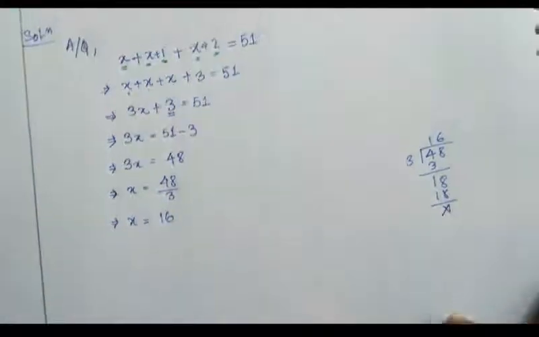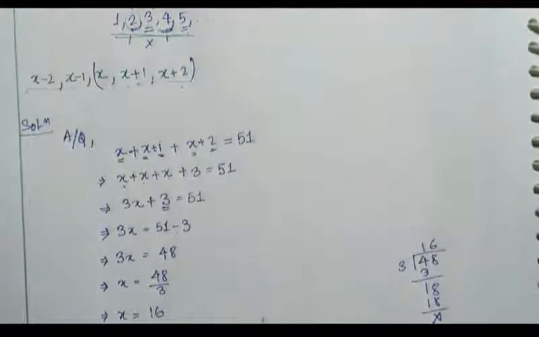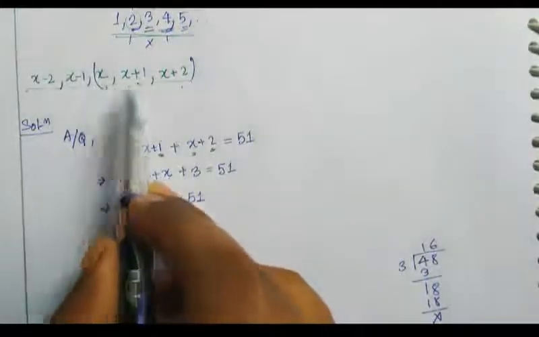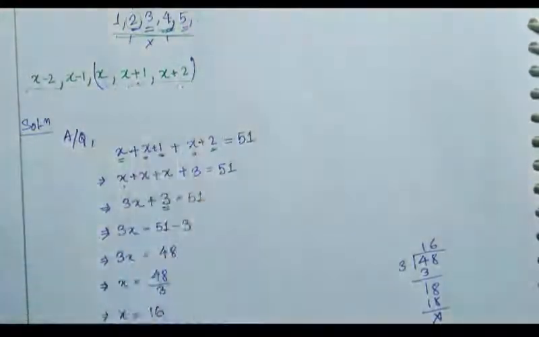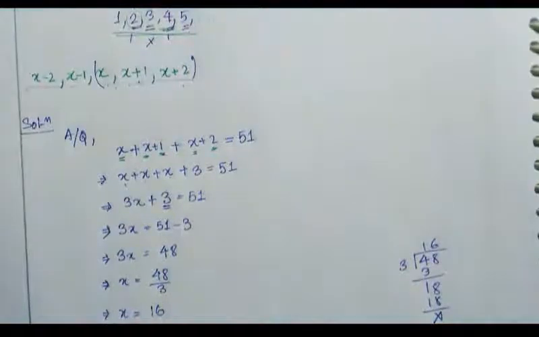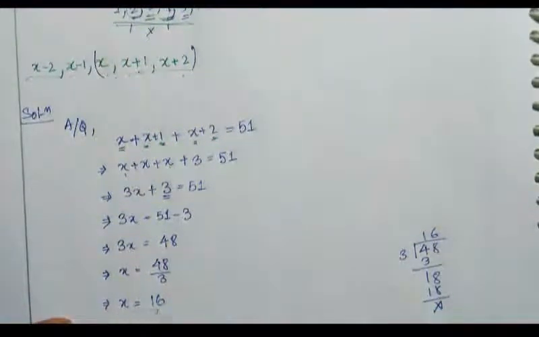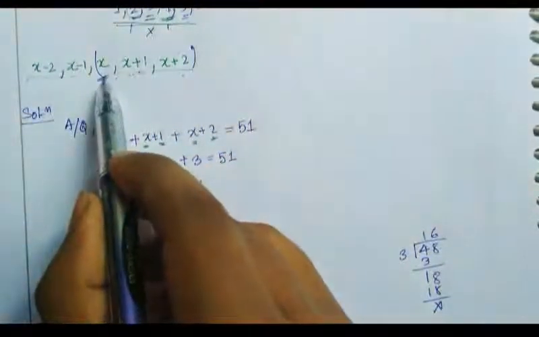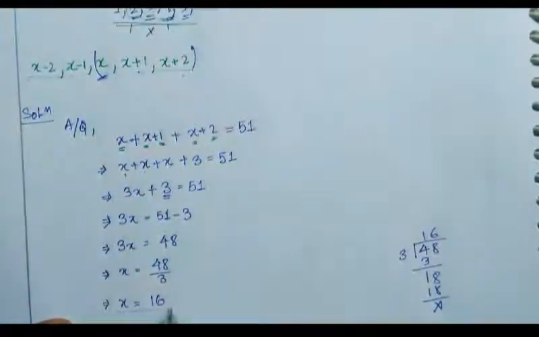Now let us go back to our assumptions. The integers that we considered are x, x plus 1 and x plus 2. When we have got the value of x, we have got the value of the smallest integer.